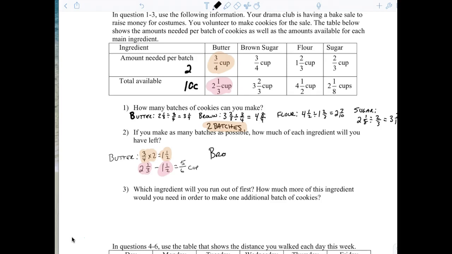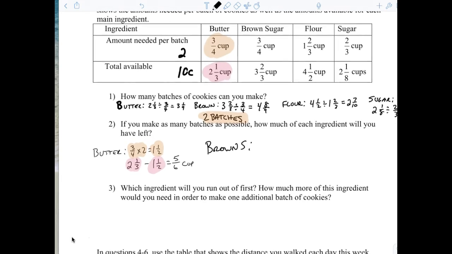All right, so my next question is brown sugar. Hunter, what do I need to do for brown sugar? Well, first what you need to do is figure out how much brown sugar you need for a batch. Right, so how do I figure that out? So you have 3/4, and then it's pretty much the same as the butter.